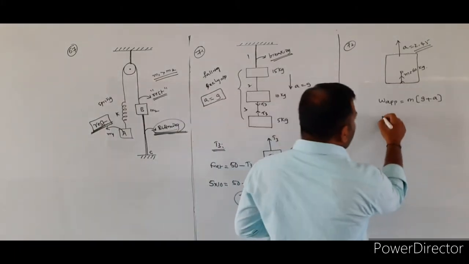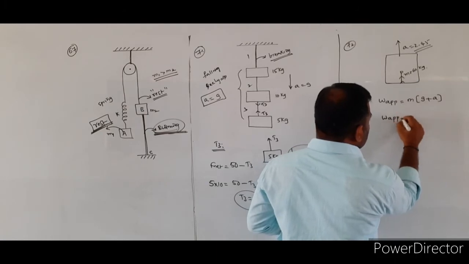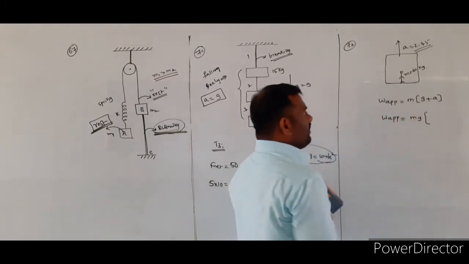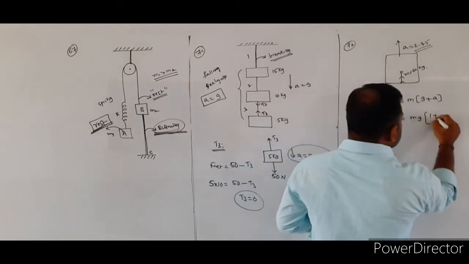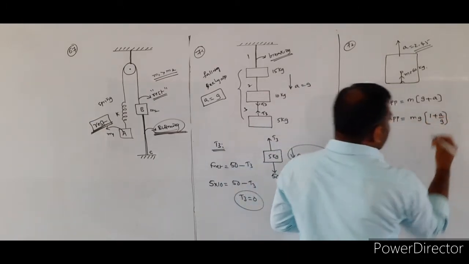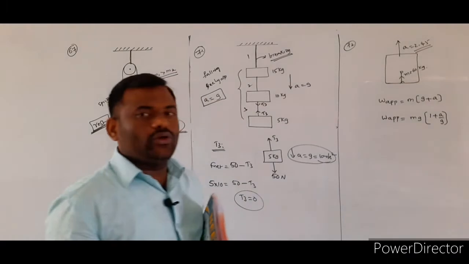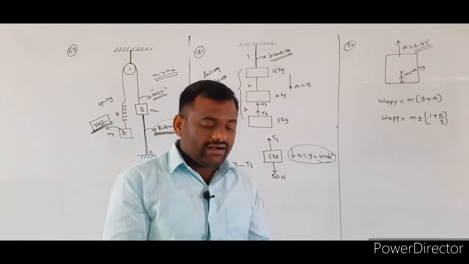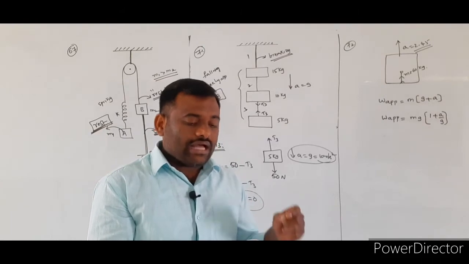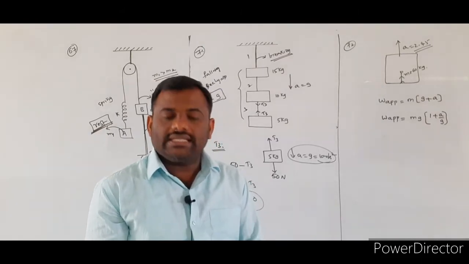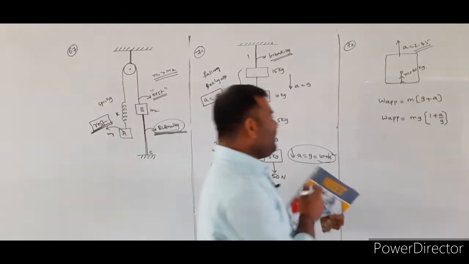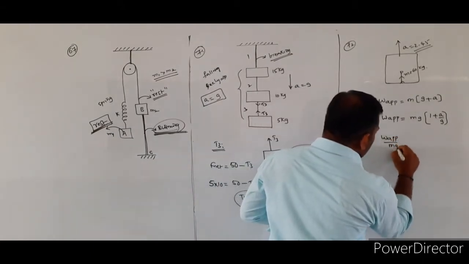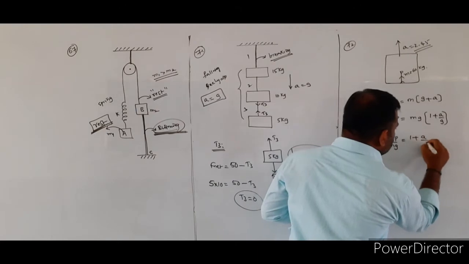Here they are asking for the fraction or ratio value. Taking g as common, the apparent weight is equal to mg into 1 plus a by g. They are asking the percentage of change in the apparent weight. So W apparent by mg is equal to 1 plus a by g.